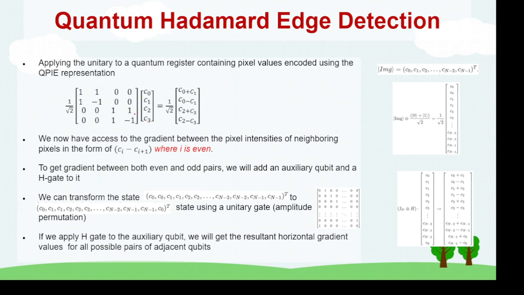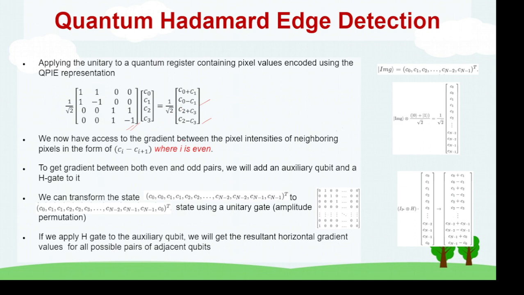So we are going to apply the Hadamard gate to the LSB, which will have an action similar to multiplying a unitary matrix like this with this row vector. And interestingly, it's simple matrix multiplication, and you are able to see some gradient, right? So this is how the Hadamard gate helps us.